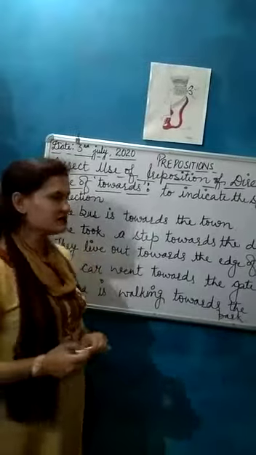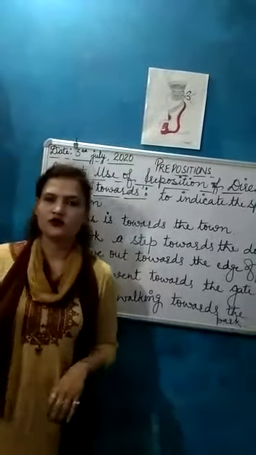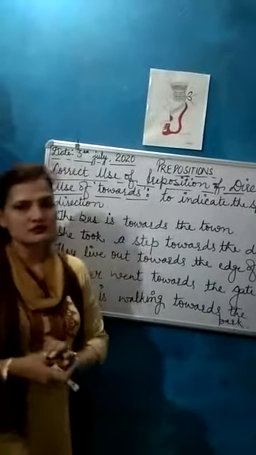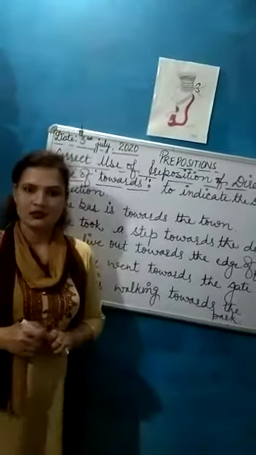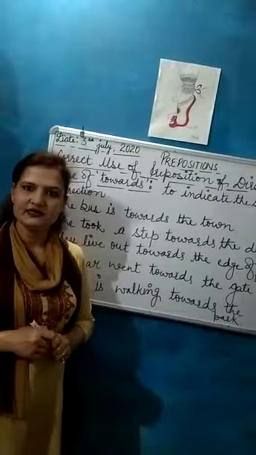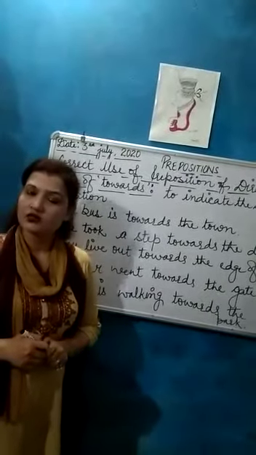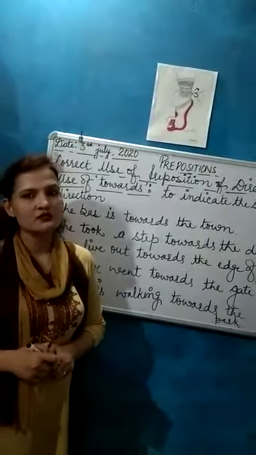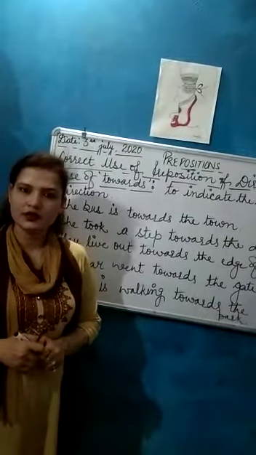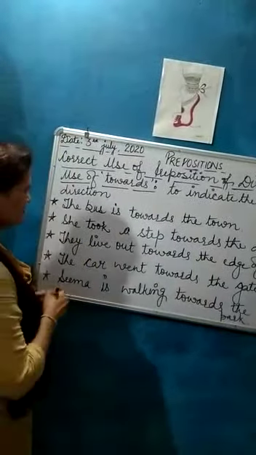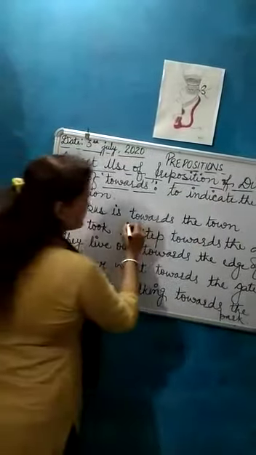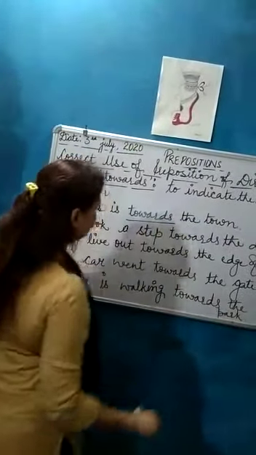The next one is the use of towards. Towards is used to indicate a specific direction. It also indicates closeness to a point in time. For example, the bus is towards the town.